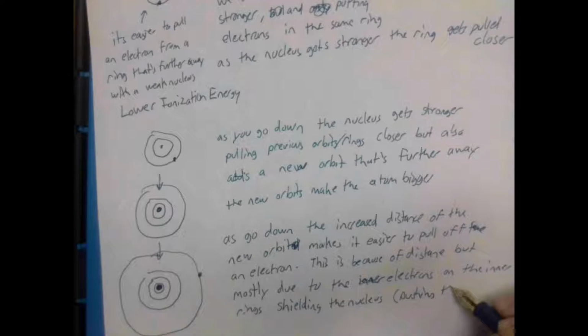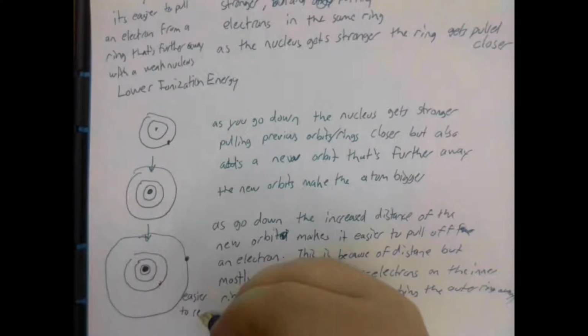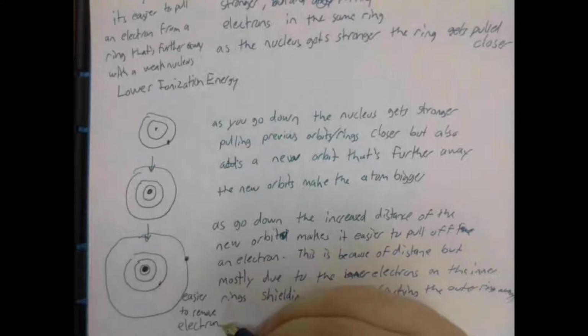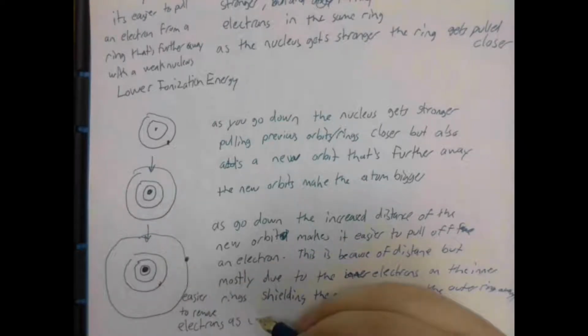So that means it is easier to remove electrons as you go down. So it's easier to remove electrons as you go to the left or down. It is harder as you go up and to the right.